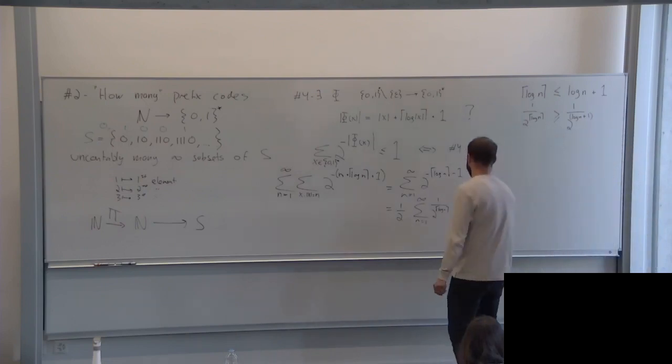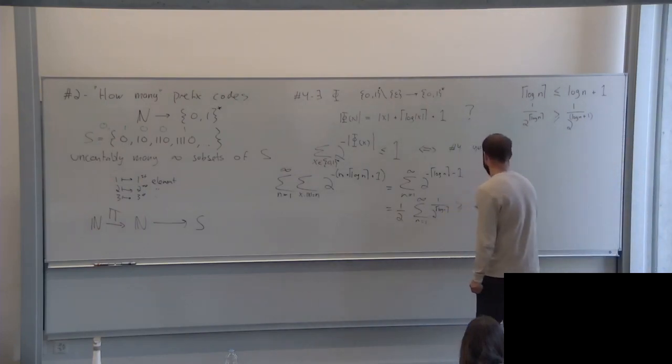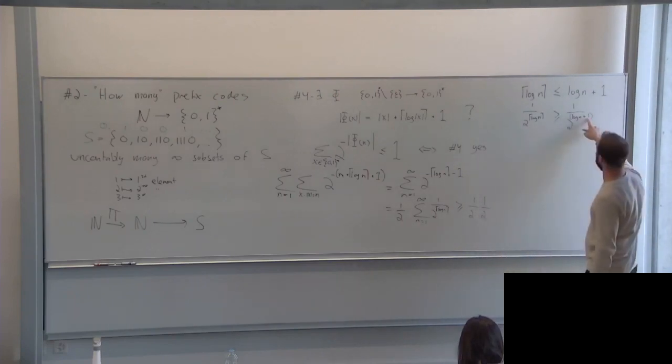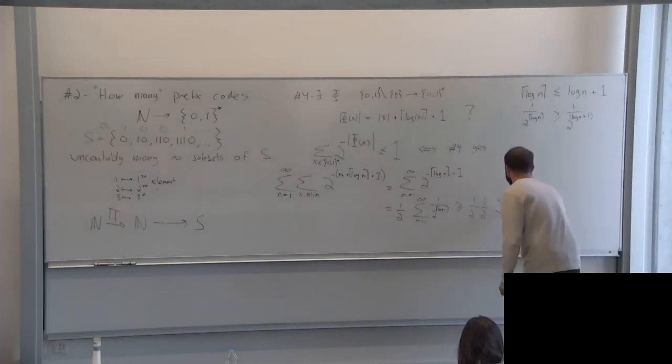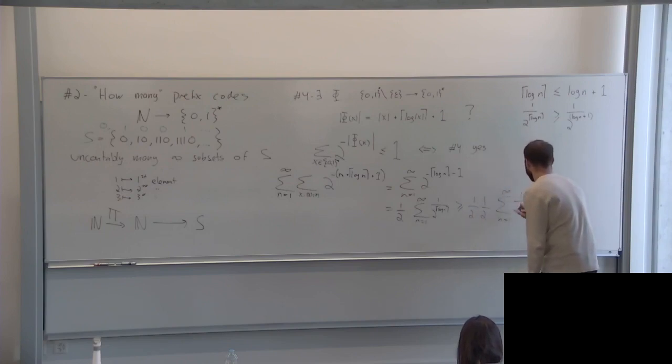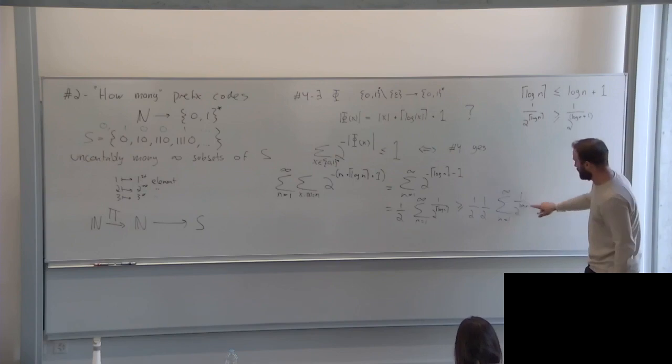I'll have another 1 over 2 coming from this plus 1, and then I have the sum n equals 1 to infinity of 1 over 2 to the log n. That is nice. 2 to the log n is precisely n.